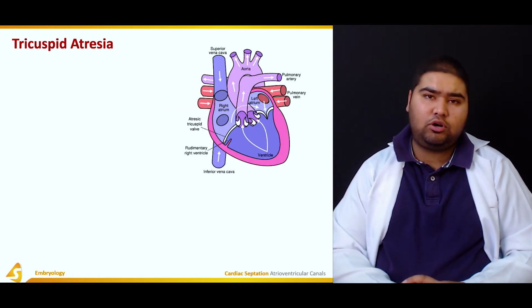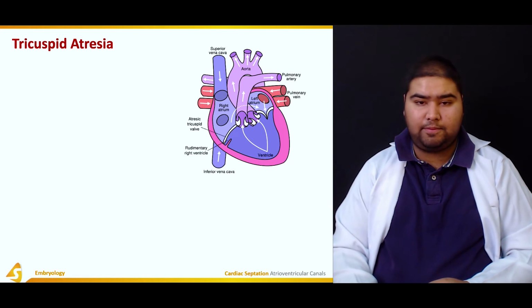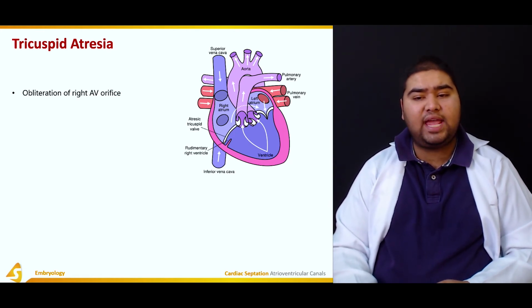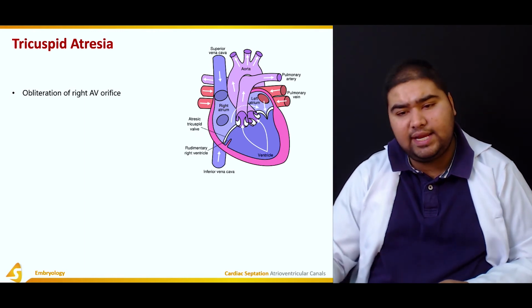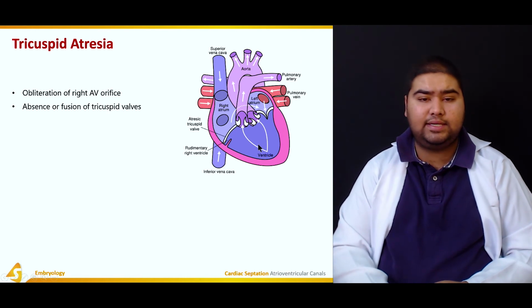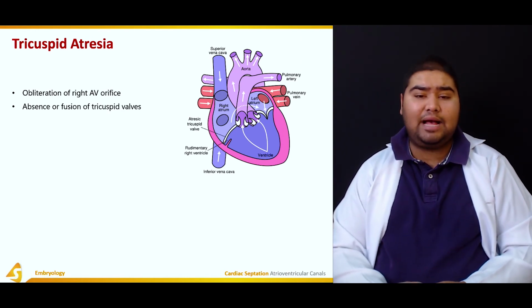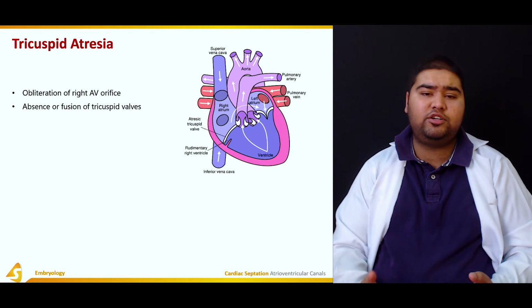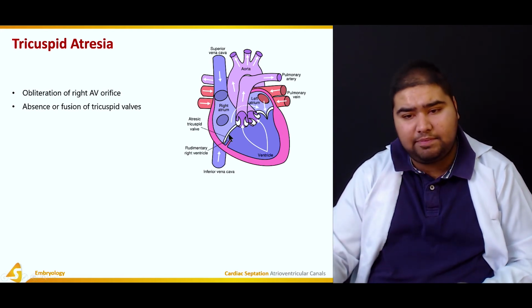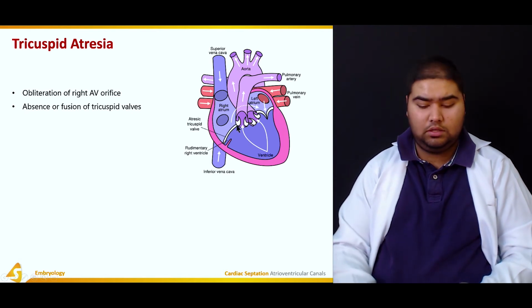So now let's talk about tricuspid atresia. There's obliteration of the right AV orifice. The right atrioventricular orifice has been obliterated, as a result of which there is absence or fusion of the tricuspid valves. So the tricuspid valves are either absent or fused.